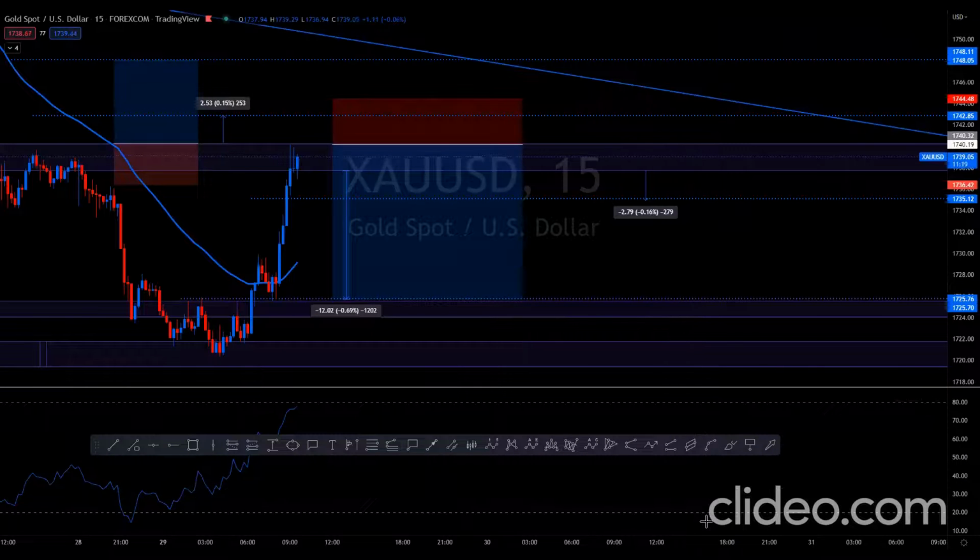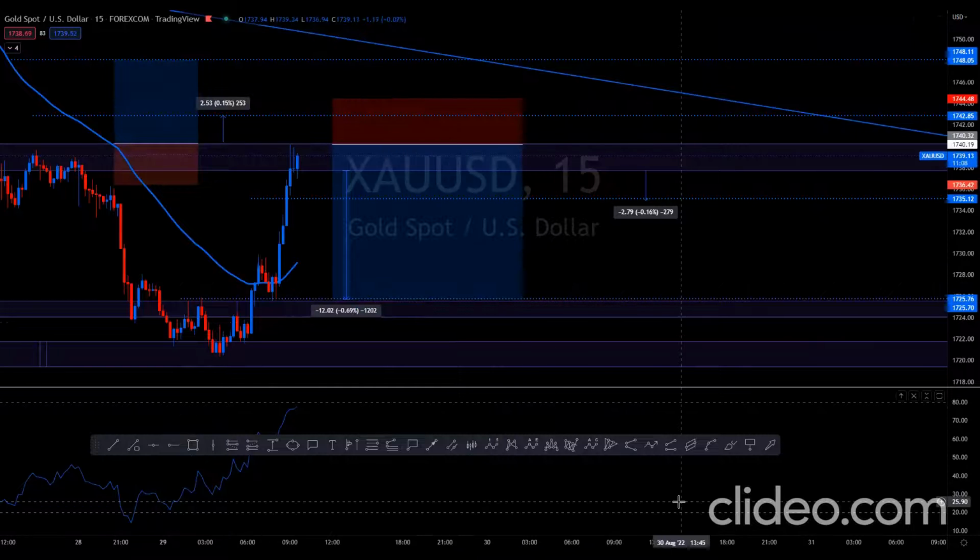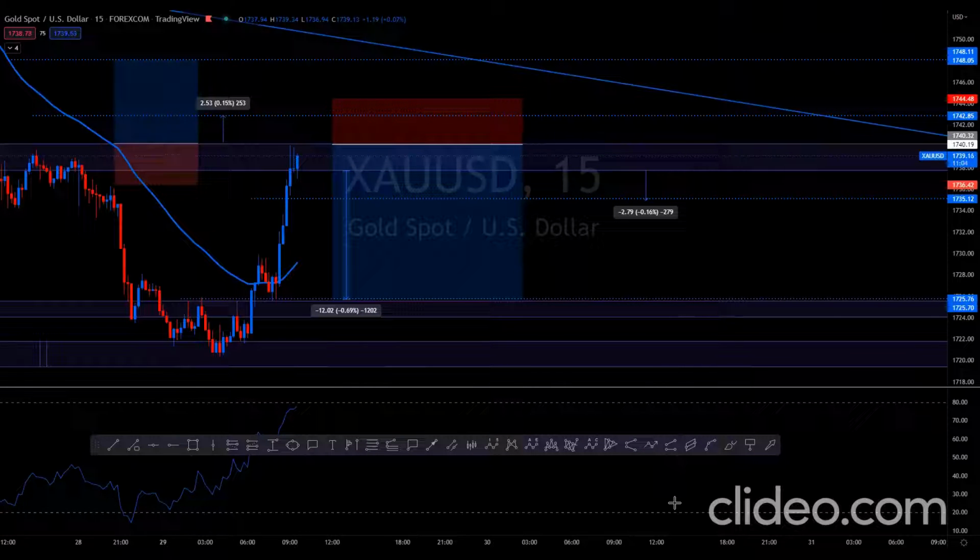Looks like price is buying up. So I figured if it was going to close above this candle, it was going to buy up some more. It's probably going to wipe out this high, maybe hit up to here and then come down. So if I start profiting, getting close to my target profit, then I'll resume this recording. Be right back.